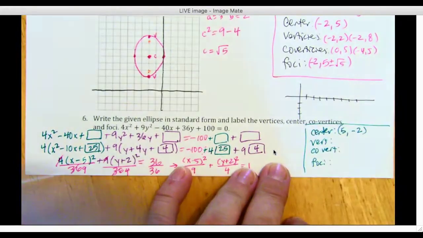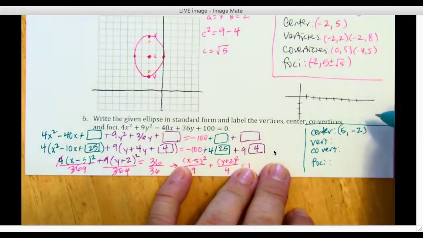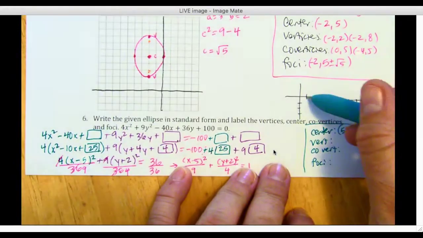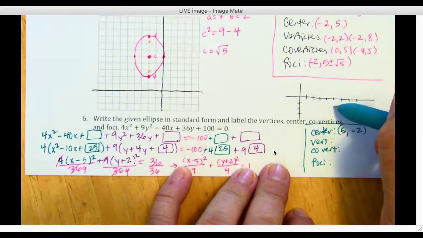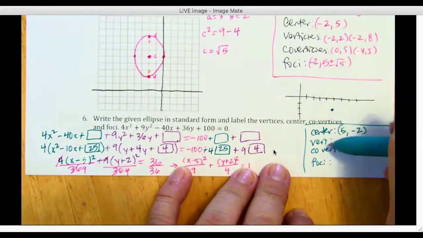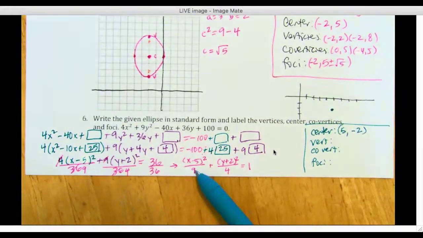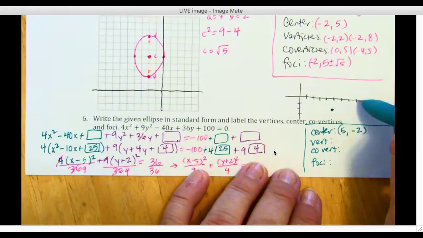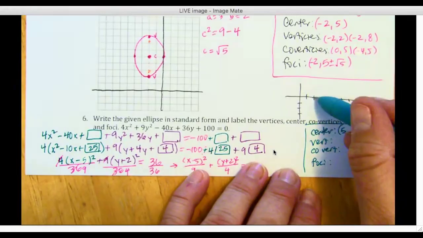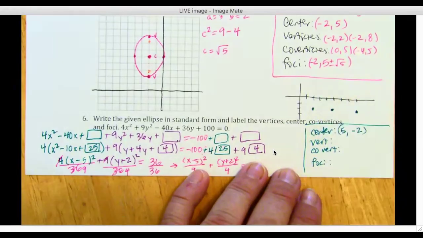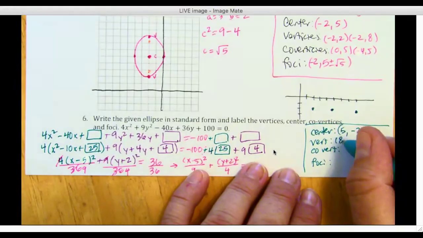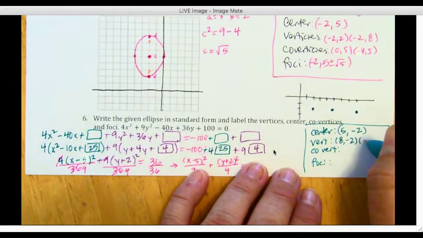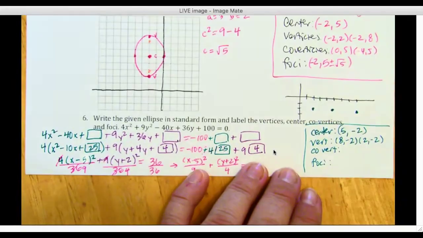So my center is at 1, 2, 3, 4, 5, -2. My vertices, since this is a horizontal ellipse, I'm going out 3 to each side. So 1, 2, 3, and 1, 2, 3. So my vertices are at 8, -2, and 2, -2.